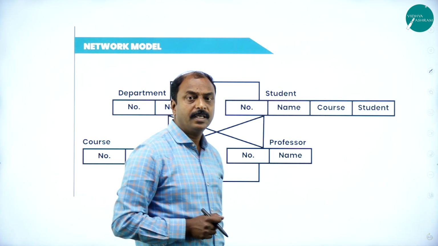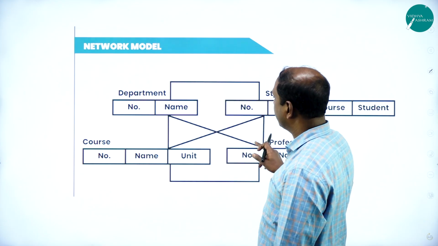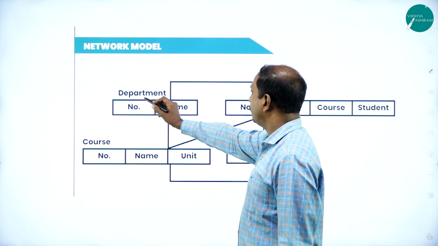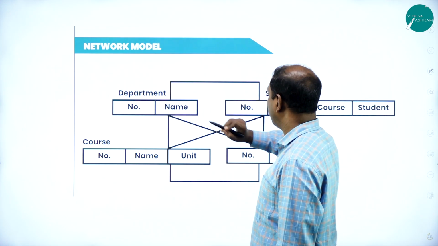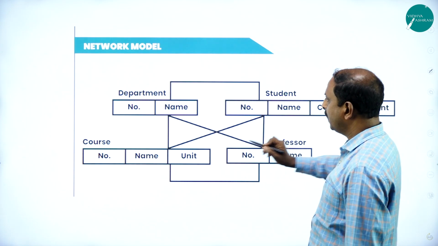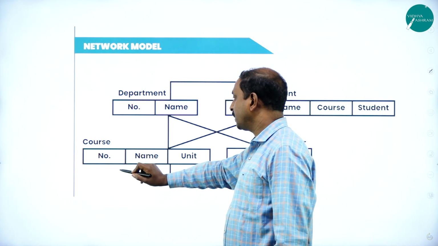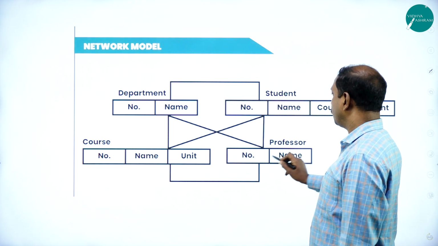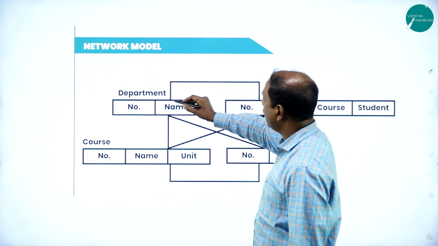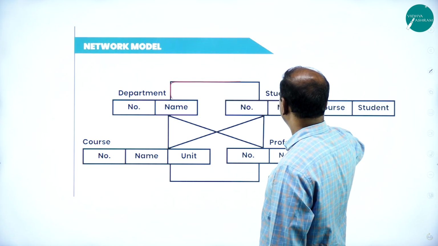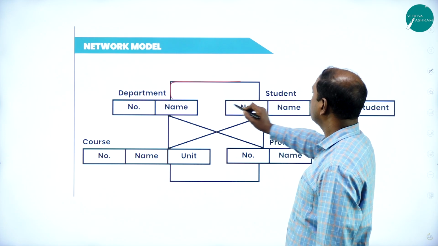Now we can see the diagram for this. See, this is a network model. Department number, department name, student number, name, course and student, and the course, one more record here, number, name, unit, and here professors. So here you observe this name. If you observe this name is connected to this here student number or student name.